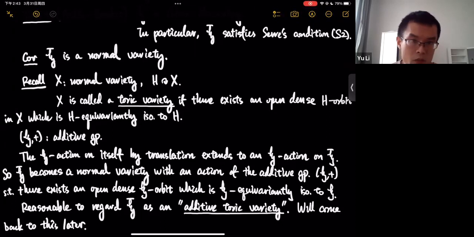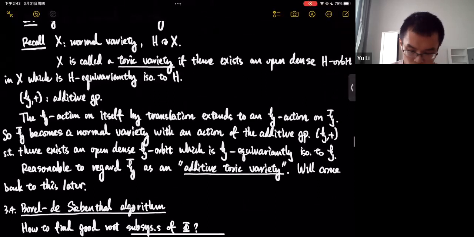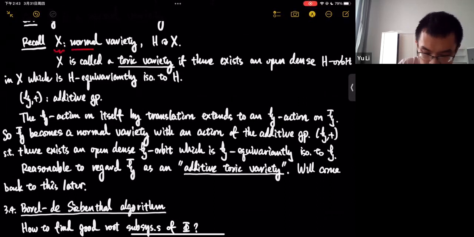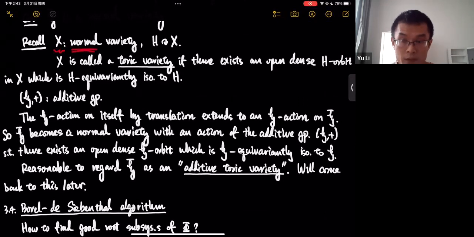So why do I care about normality? Let's recall that a toric variety is a normal variety X together with an action of the multiplicative torus H, such that there's an open dense torus orbit, which is equivalently isomorphic to the torus.